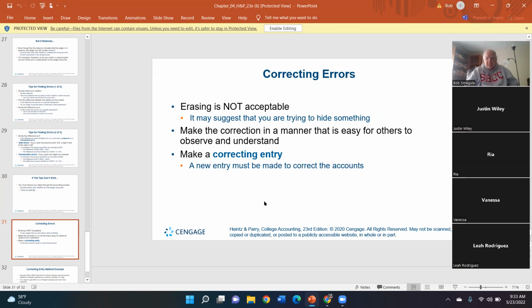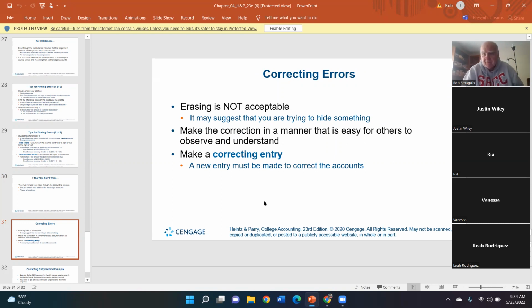On correcting errors, you never erase. Make the correction in a manner that is easy for others to observe and understand. Make a correcting entry. I would go further than that. When you make an error and you have to correct it, the only way to do it, as far as I'm concerned, is you reverse the wrong entry.